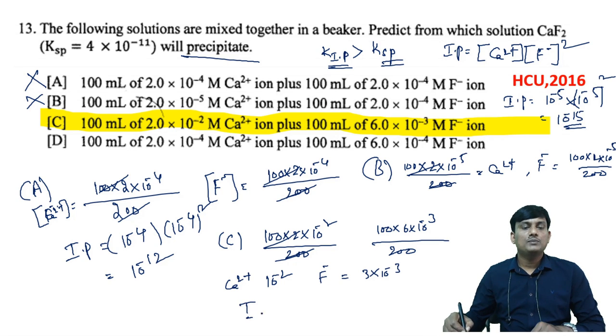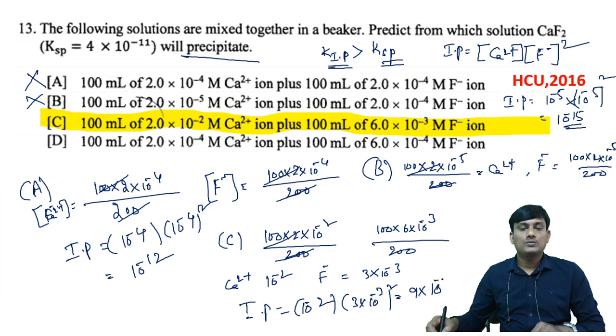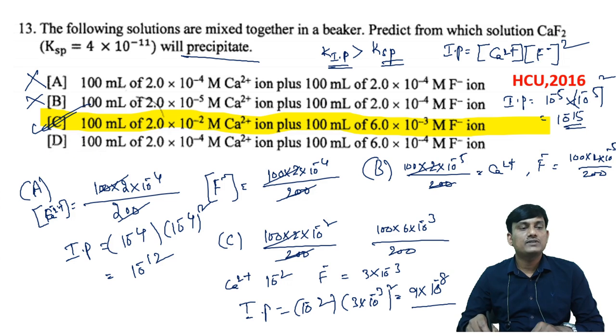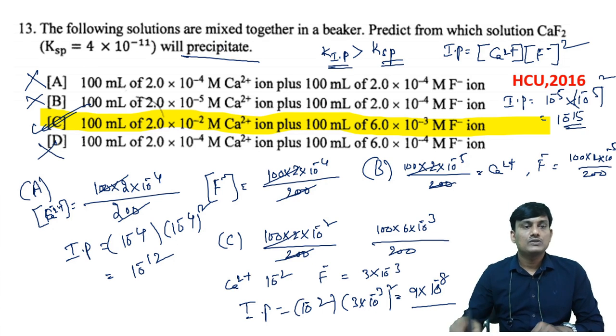So what is the ionic product? The ionic product is 10^-2 into (3 × 10^-3) squared. It will be 9 × 10^-8. This one is greater than 4 × 10^-11. So in this case there is a precipitation. Similarly, if we calculate the ionic product for D, it is smaller than 4 × 10^-11, so here there is no formation of precipitate. So the correct option is C.